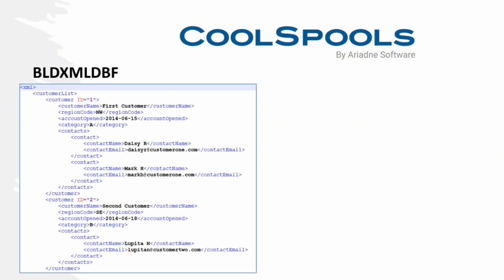When we run BLDXMLDBF, it inspects the contents of an XML document, such as this one, and builds the empty skeleton of the map based on the structure of the XML document. In this case, the XML document is a simple customer listing, which has a customer element with an ID, a number of sub-elements under the customer, and a repeating contact element with contact details for each customer.